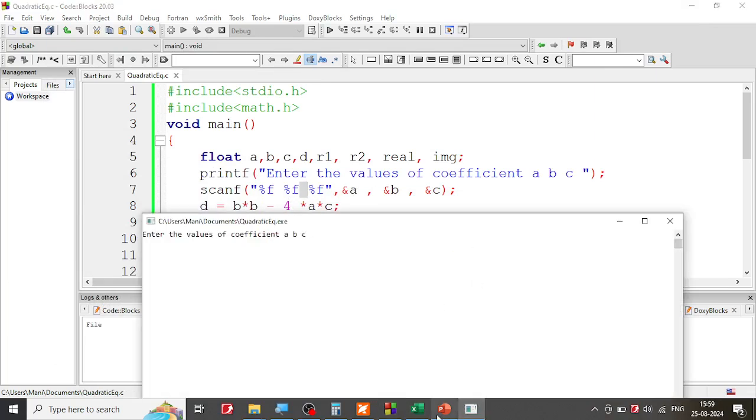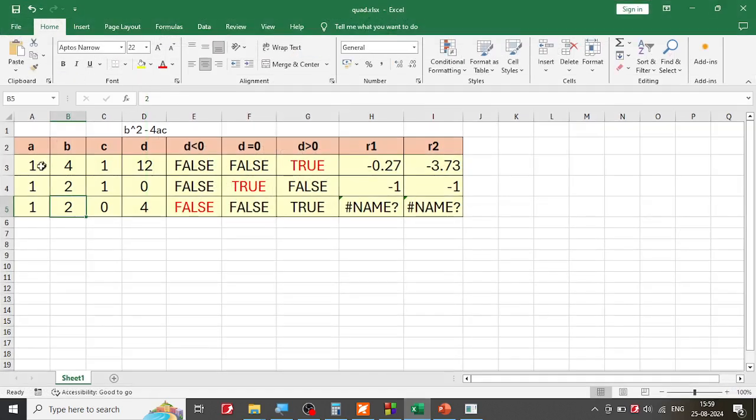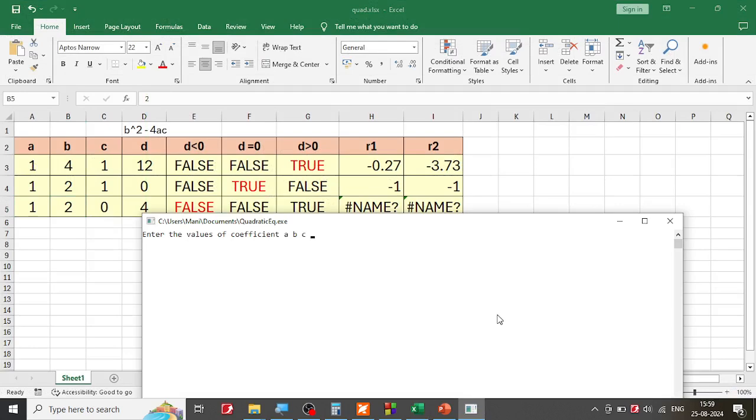So a equal to 1, b equal to 4, c equal to 1. I'll say 1, 4, 1 and press enter. What is the answer? Minus 0.27 and minus 3.7. These are real roots. Why? Because d, that is b squared minus 4ac, is positive.